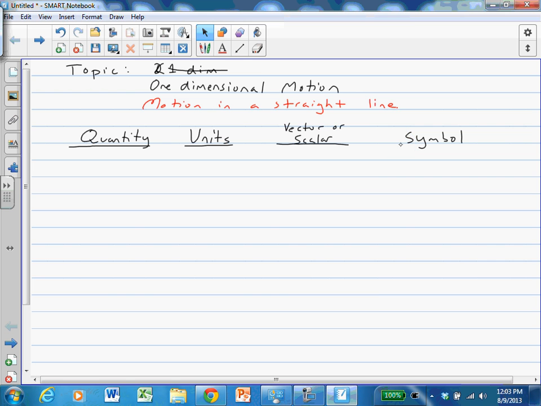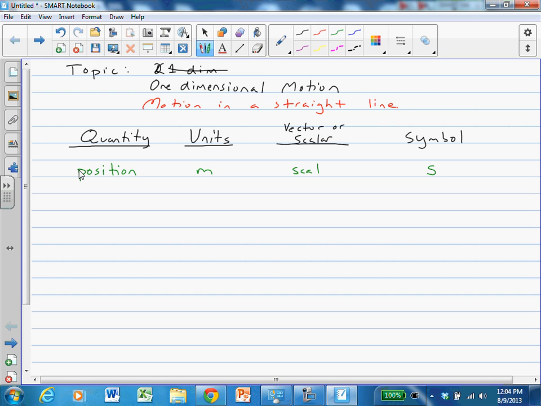The first thing that we've already looked at is position. The units on that are meters, standard units. It's a scalar, and the symbol is just s.